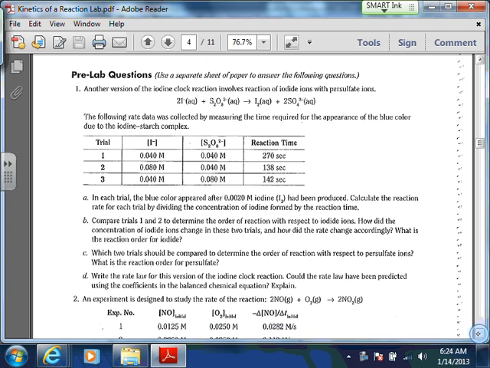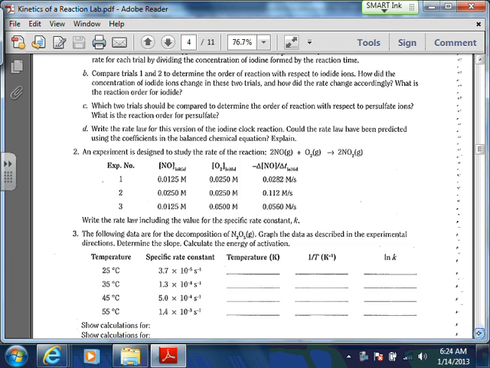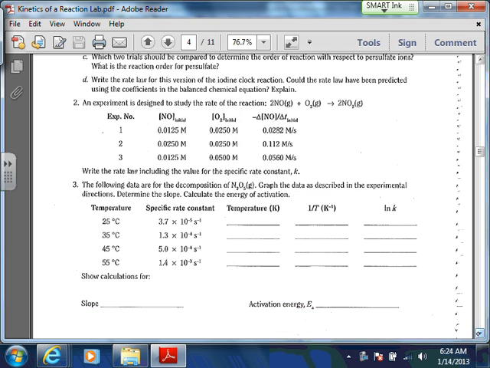All right, number 2 here: an experiment is designed to study the rate of the reaction. It's giving us some data here, and really not a lot of difference between the first one and the second one, other than they've already given you the rate in molarity per second.